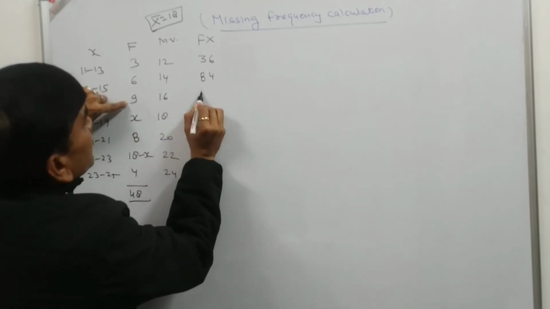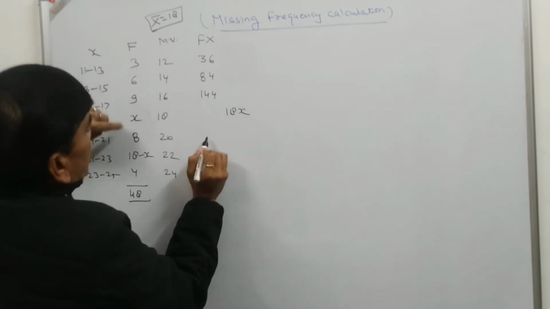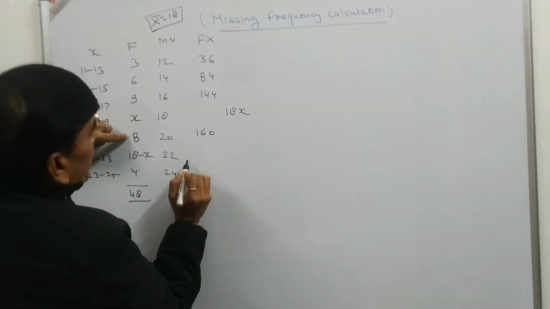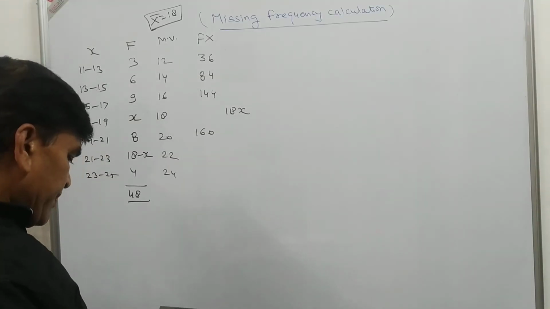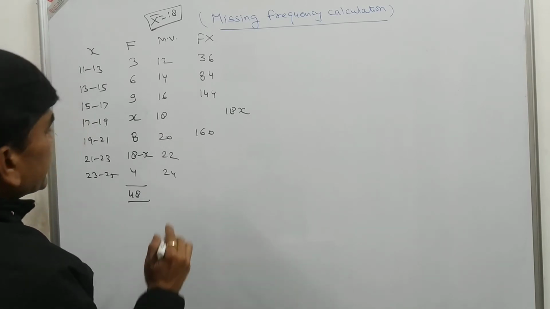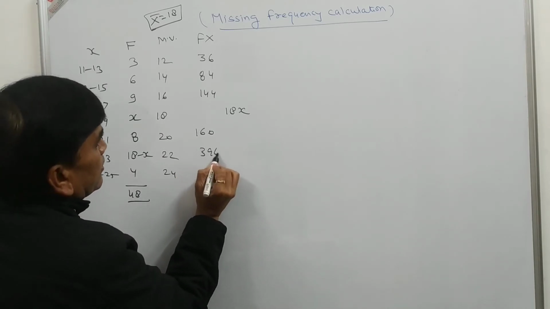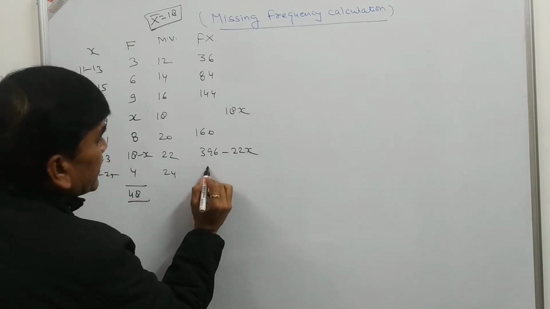96 times 9, 144, just calculated, that is 18x, that is 160, that is 18 multiplied by 22, that is 396 minus 22x, then 96.